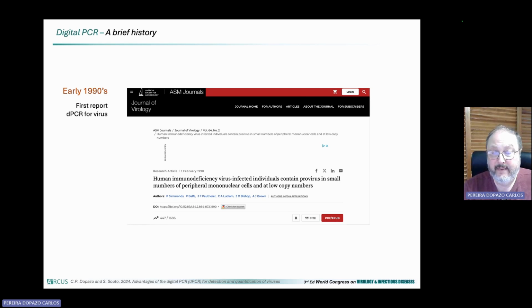In these times, and also at present, this technology is used most frequently for early detection of certain types of cancers. The first time that it was used for diagnosis of viruses was in the early 90s for detection of proviruses of human immunodeficiency virus.